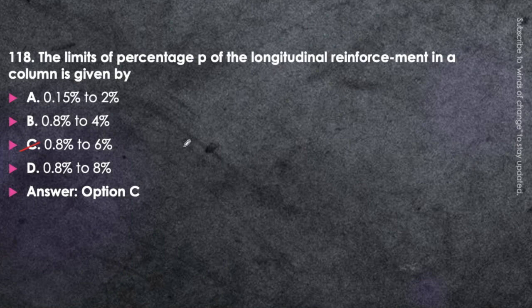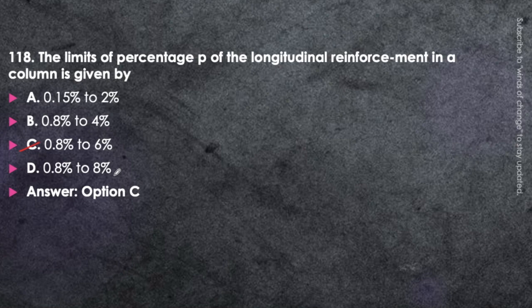In the first video of this series of IS 456 and RCC, there was a question asking which statements are correct, in which it was mentioned that 0.8% to 8% is the limit of the percentage of longitudinal reinforcement.